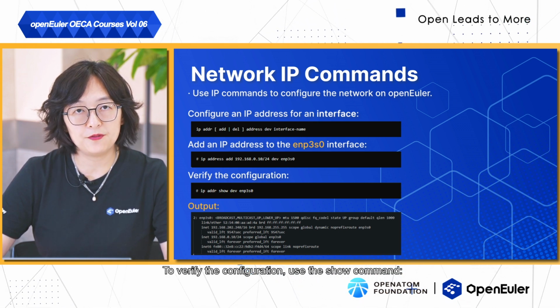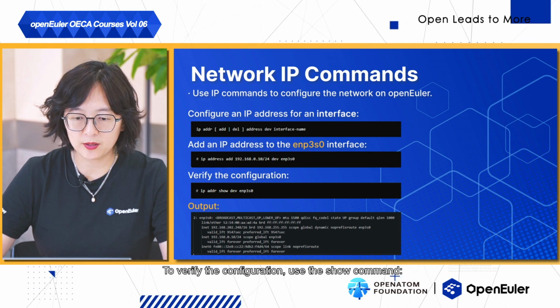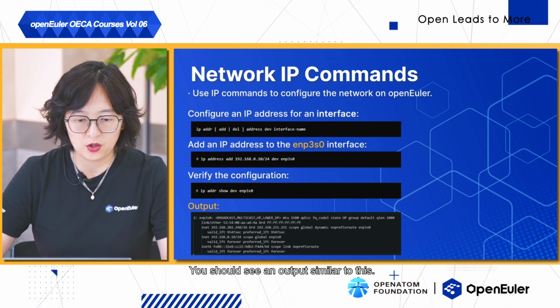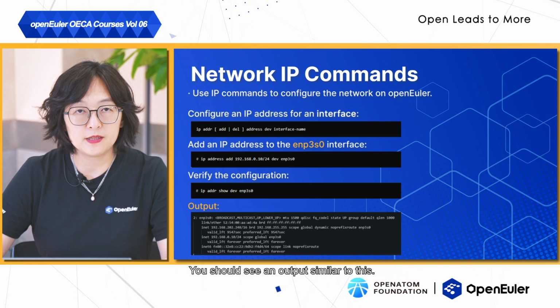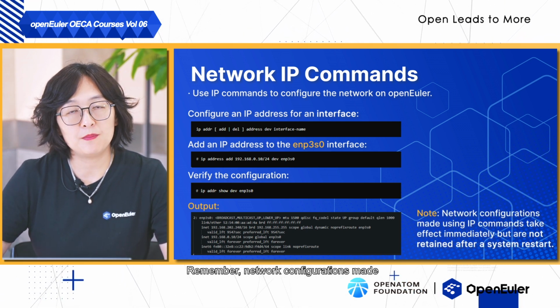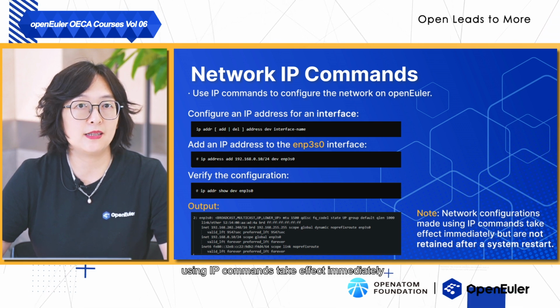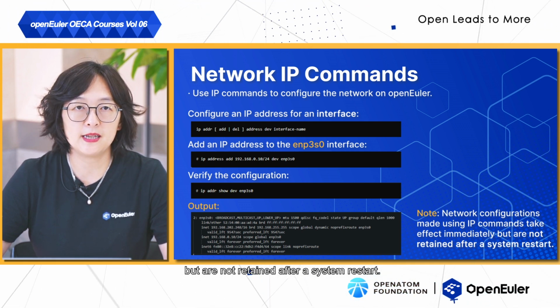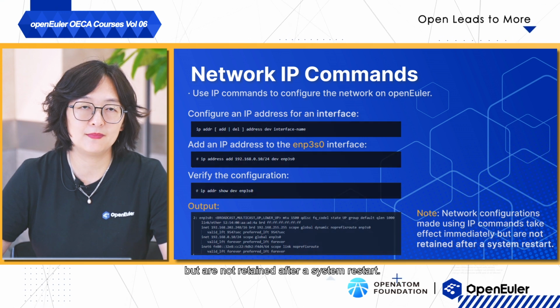To verify the configuration, use the show command. You will see an output similar to this. Remember, network configurations made using ip commands take effect immediately but are not retained after a system restart.